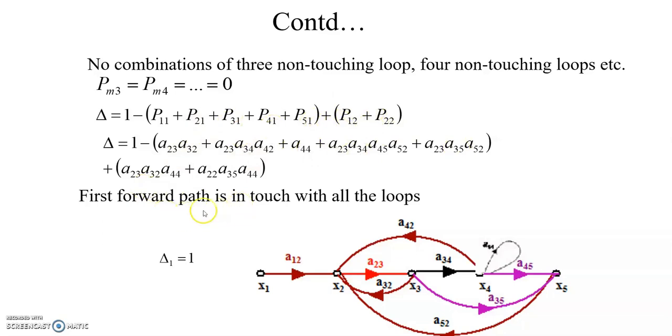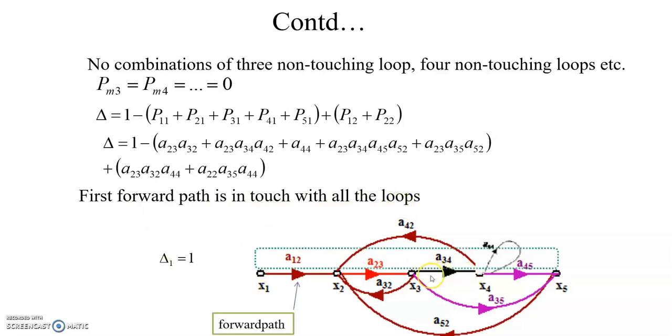Next, the first forward path is in touch with all the loops, so there are no combinations of 3 non-touching loops, 4 non-touching loops, etc. Next, since the first forward path is in touch with all the loops, delta 1 is equal to 1.